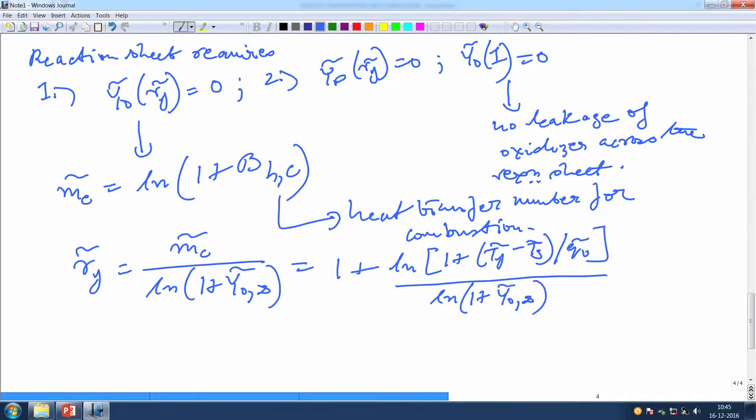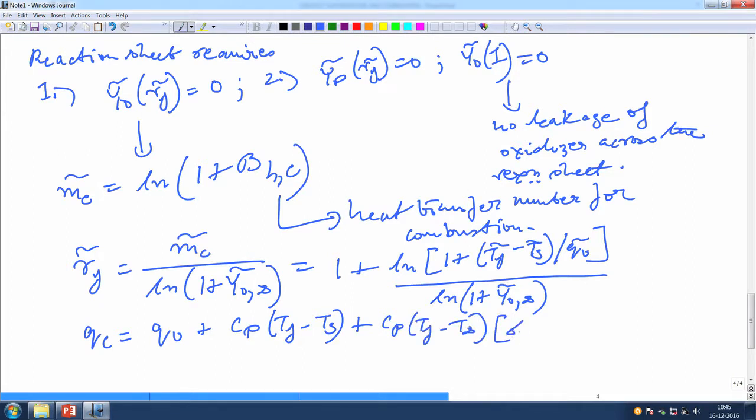So, that is RF, the QC, which is the combustion heat, this is the dimensional form, Tf minus T infinity, this is sigma naught plus 1 minus Y0 infinity into sigma naught, okay.